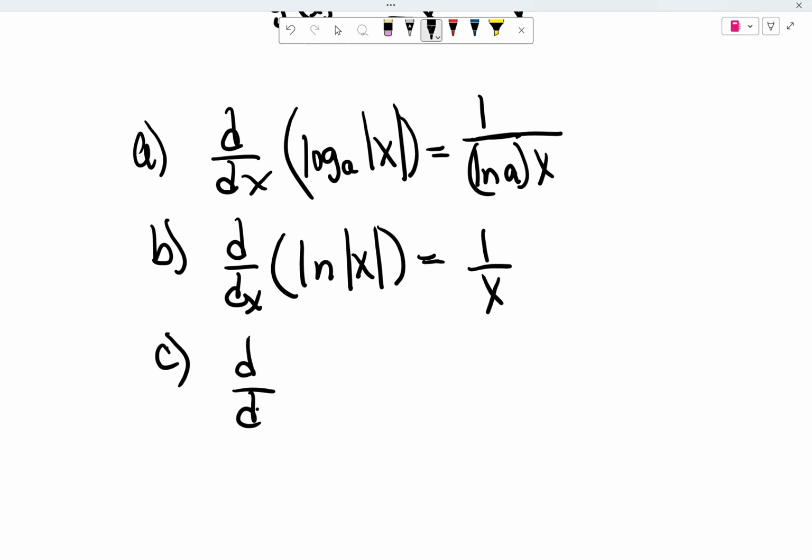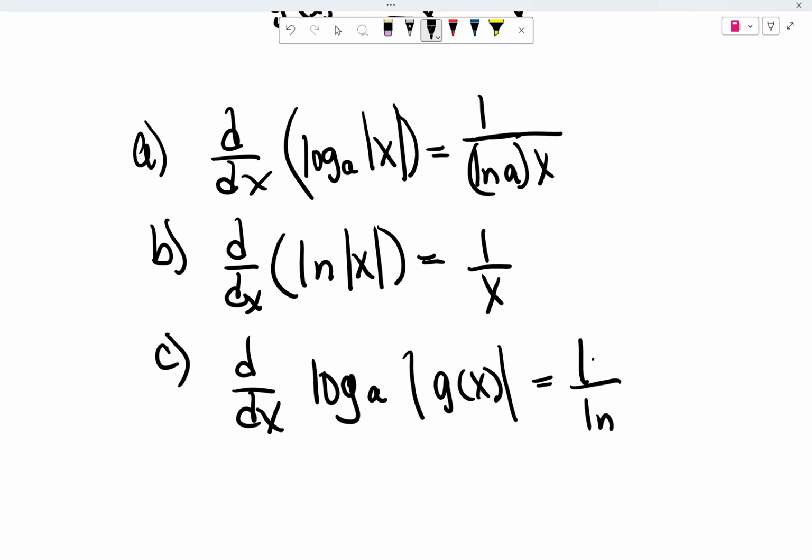D over dx, if we're looking at this in terms of log base a, if I have a function here, let's call it absolute value of g of x, then I'm going to re-express this as 1 over natural log of a, times g prime of x, the first derivative, over g of x.